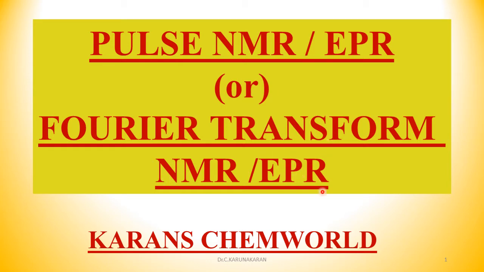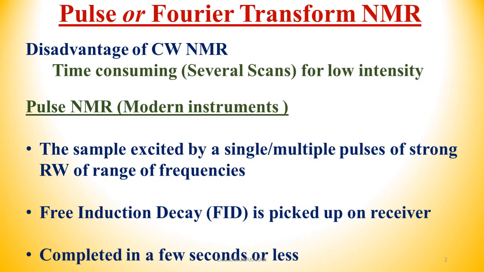than seconds, whereas in the case of the continuous wave NMR spectrometer, the older version, it is time consuming. We'll see further. As I explained earlier, continuous wave NMR is the old version of the NMR instrument.